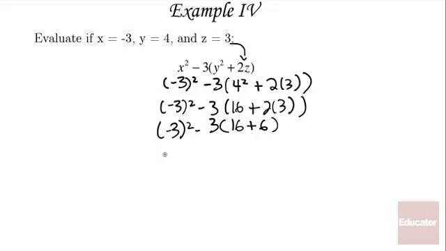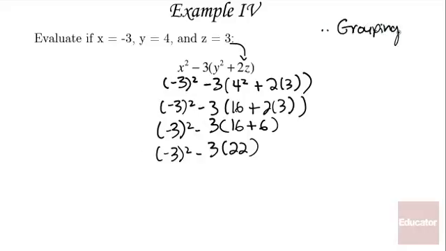And let's see, almost done with the parentheses. What I'm going to do next is simply add, and that's going to give me 22. Okay, so I got rid of that set of parentheses, so I'm going to look at what I have next. And if you need to jot this down until you have it committed to memory, then do so, but you need to get these rules down committed to memory because you're going to use them constantly.